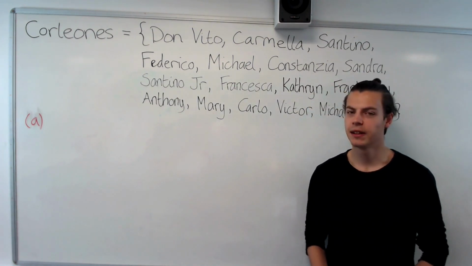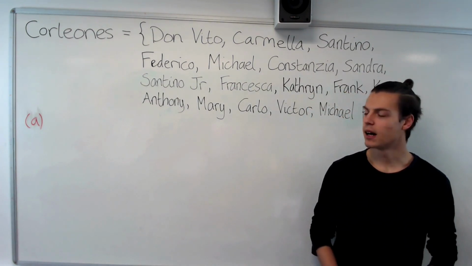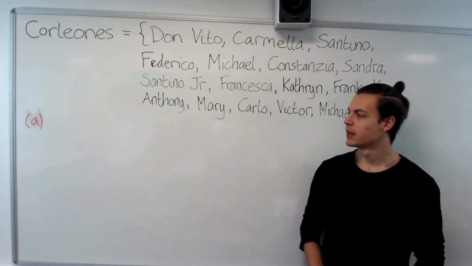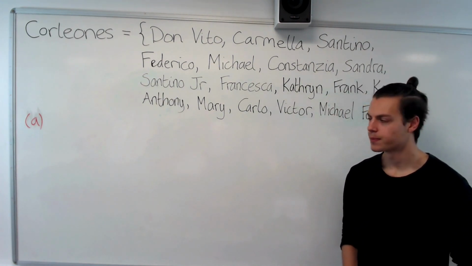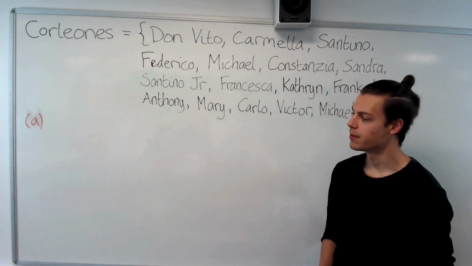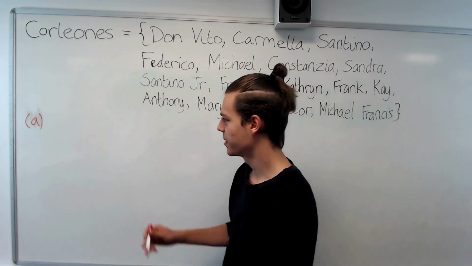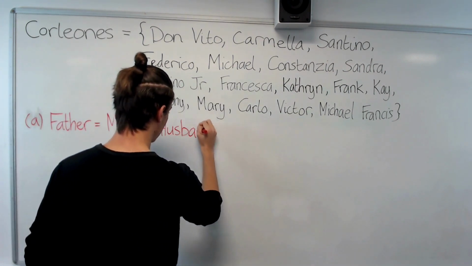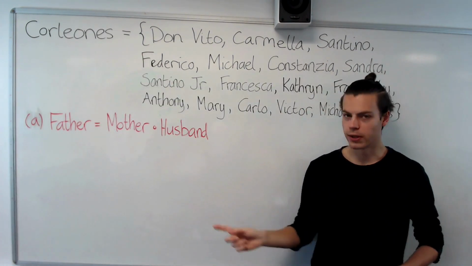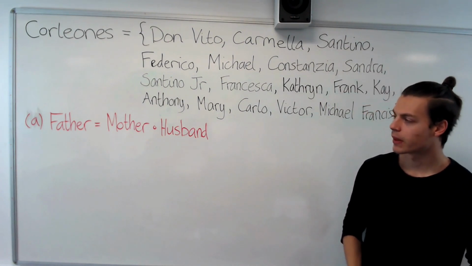Now, in this family, the father is the husband of a mother. So this will be a composition of the two relations. And remember, we need to apply the husband relation first. So the order here is very important.